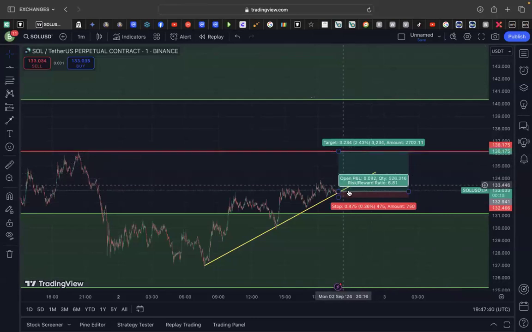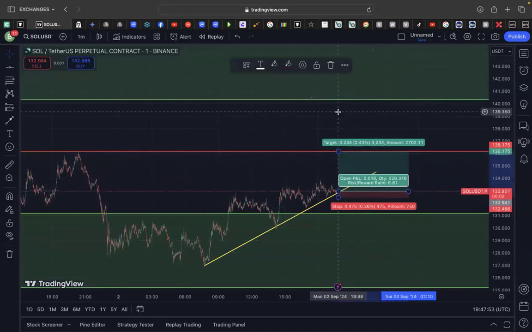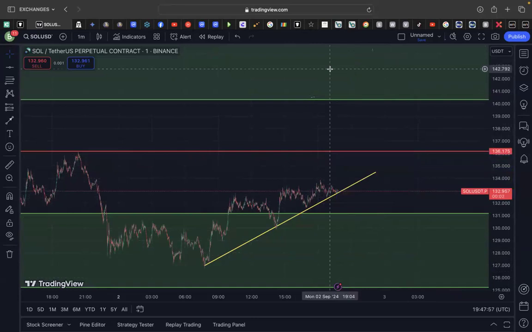So scalpers are risk takers. If we break below this particular trend line, they will hit the stop loss on low loss. Then they will enter shorts and send it downwards. That is basically what these scalpers would do.